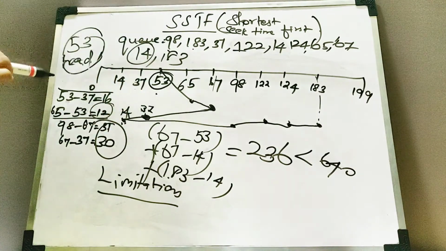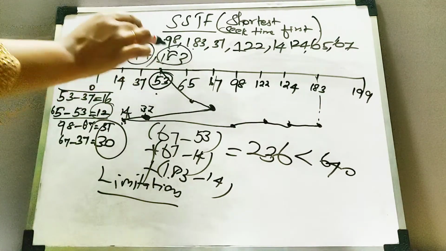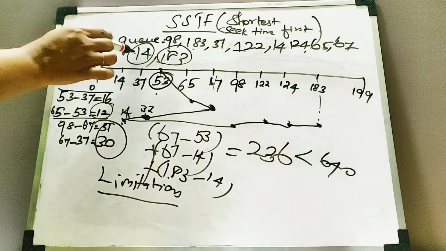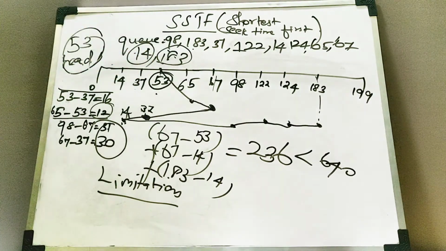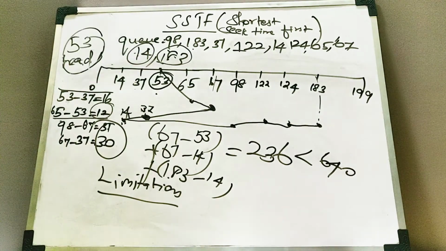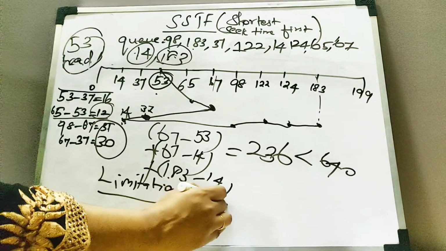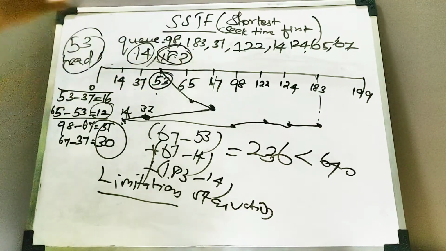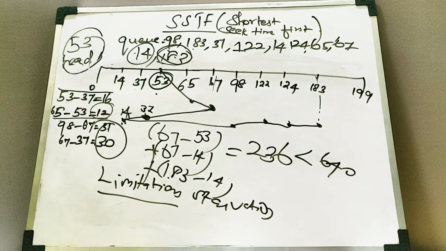It has to wait for a long time, indefinitely, until all the other requests have completed and the head can travel to 183. You could see that in this case starvation arises. So the limitation is starvation of a few requests, not all the requests. Here 183 is starved. This is a limitation of this algorithm.